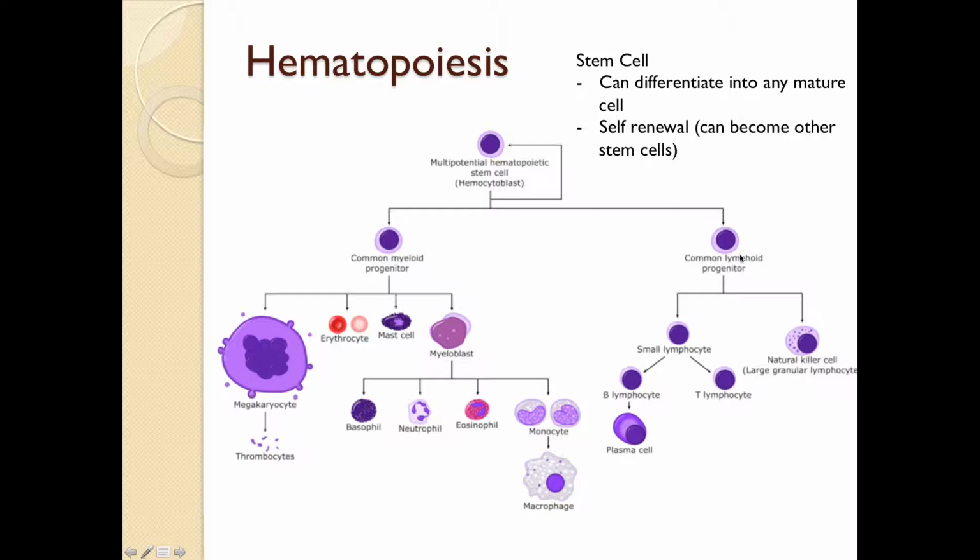Again, depending on which message is received by these cells, they will become a progenitor cell and go down the line of progeny. Once a cell is a progenitor cell, it now does not have the ability to make a copy of itself, so it's lacking the power of self-renewal. It would also say it's committed to that cell line.